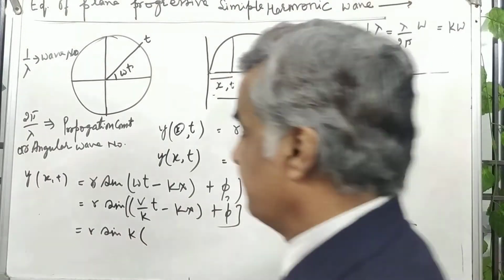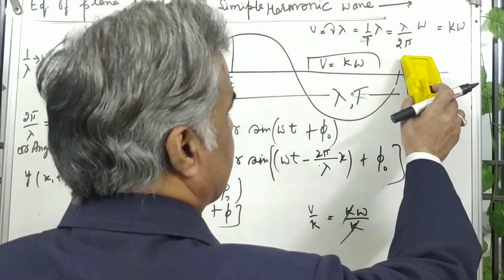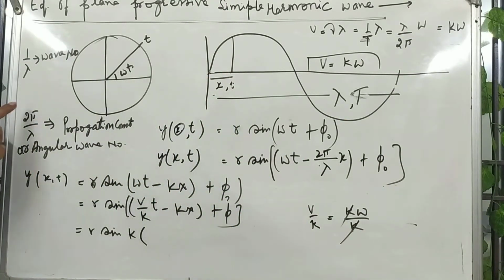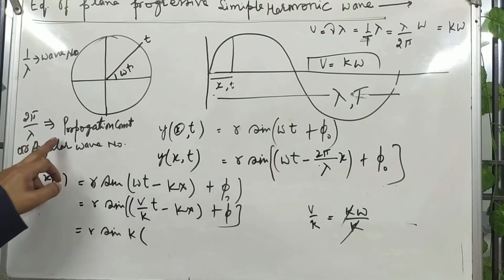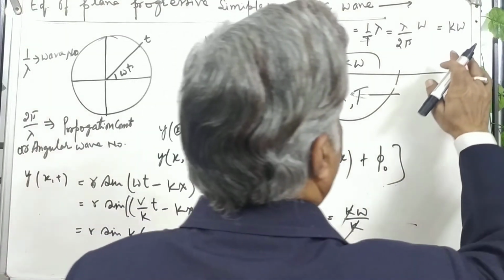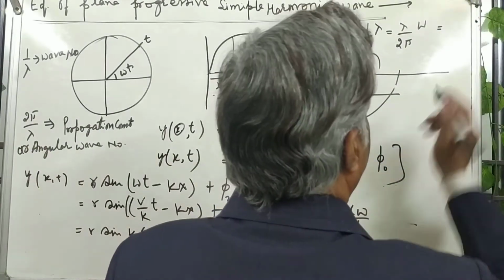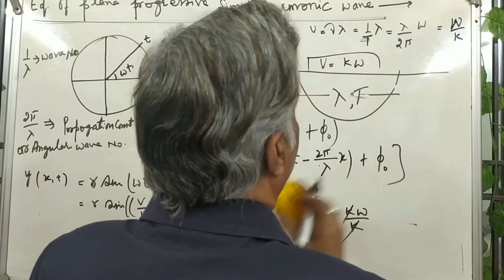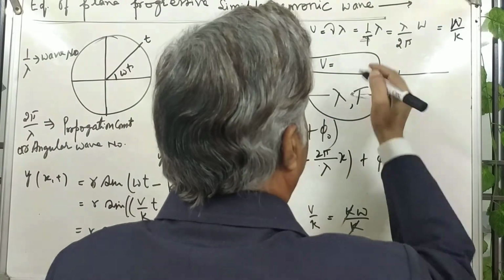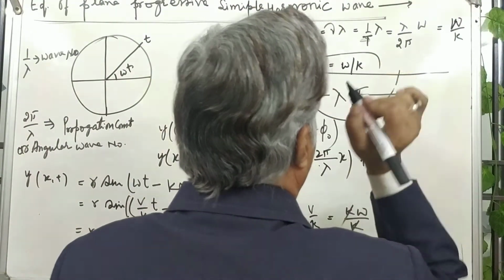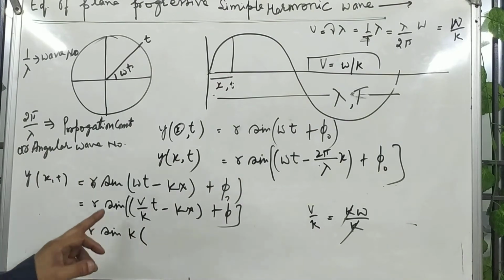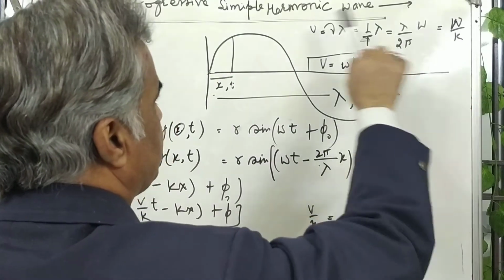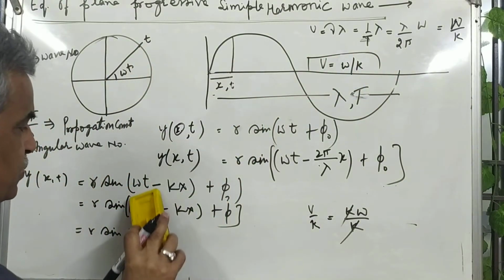Sorry, I am wrong at this place. 2 pi by lambda is k; you have studied that 2 pi by lambda is represented by k. So v equals omega upon k, which means omega equals k times v.